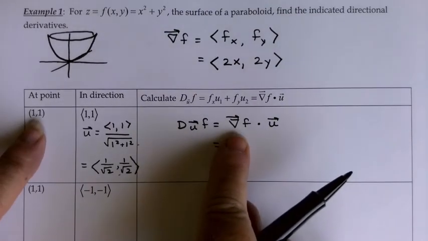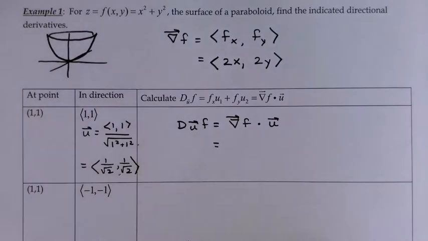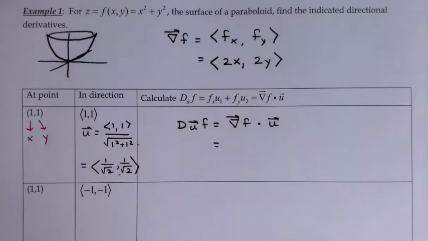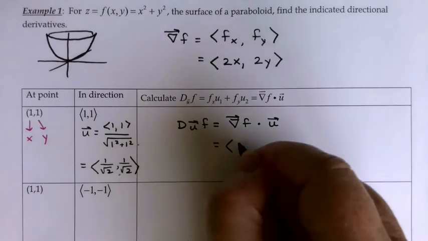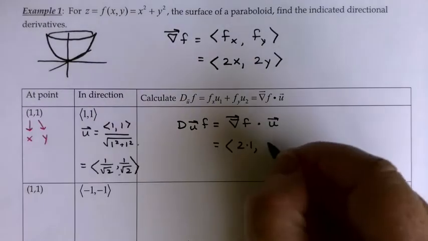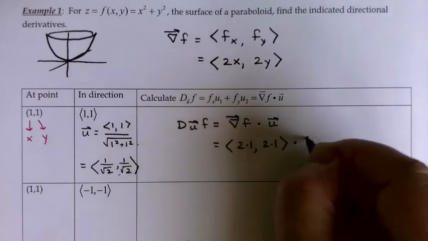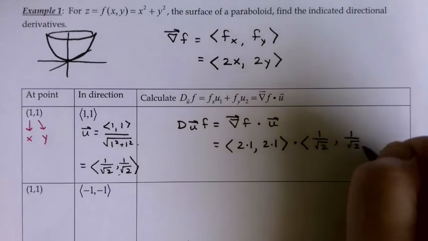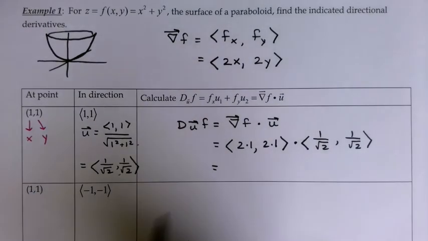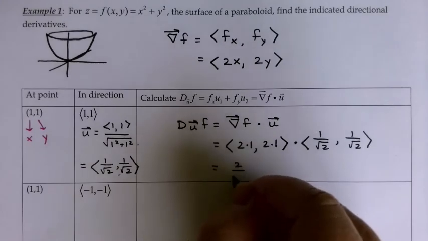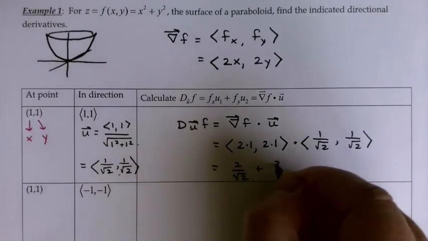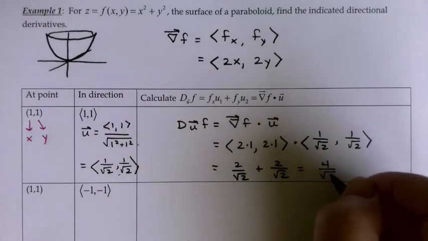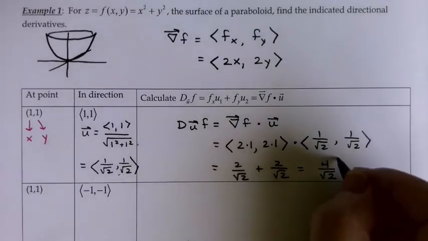Gradient of f, if I plug in my point 1, 1, this is the x and the y, would give me 2 times 1 and 2 times 1 dot product with 1 over the square root of 2, 1 over the square root of 2, and that's 2 over the square root of 2 plus 2 over the square root of 2, or 4 over the square root of 2.